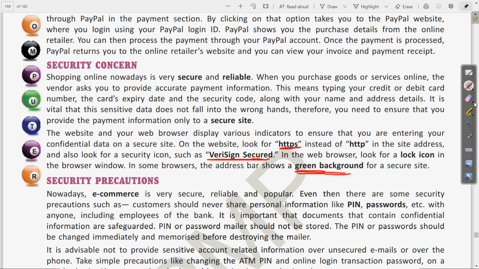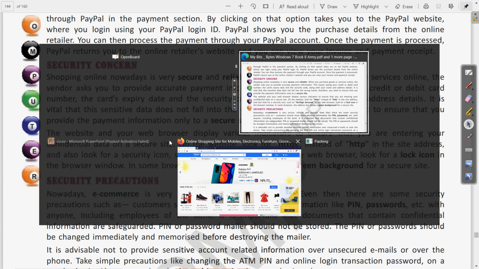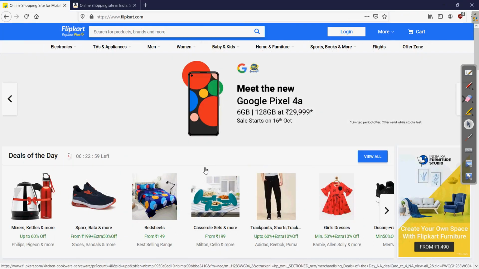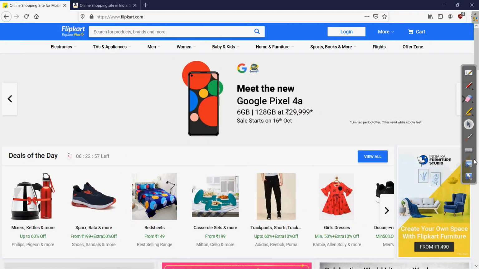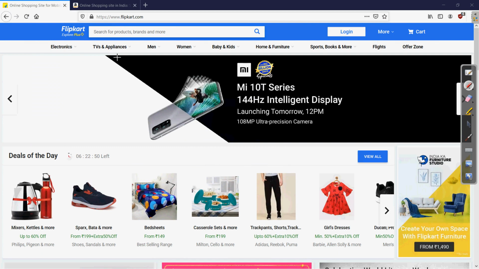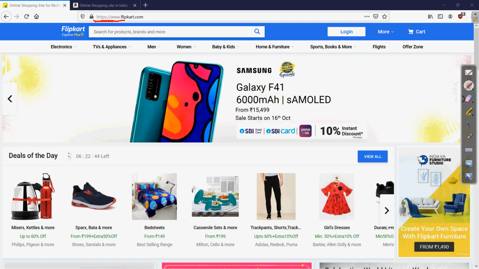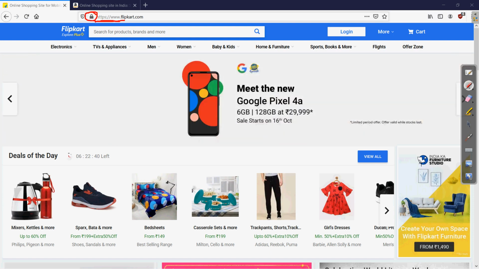If we see an example of this, let us come to any of the web pages. For example, if we visit a website, in this URL you can see Flipkart. Here, if I mark the web address, you can notice that it is written starting with HTTPS, and along with this we have the lock symbol. Clear?